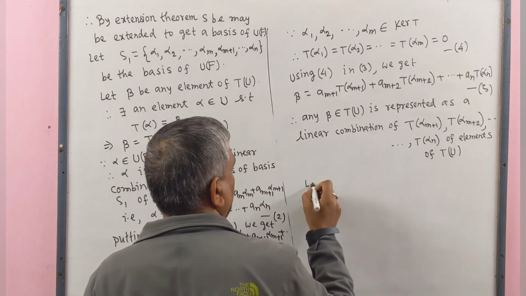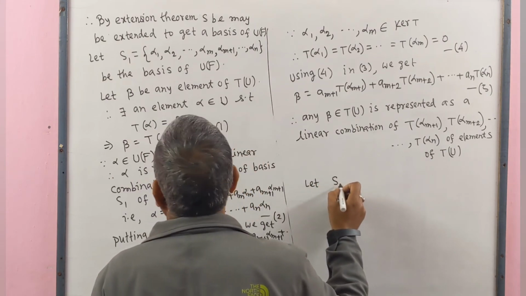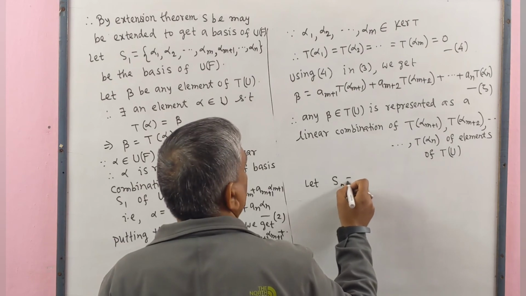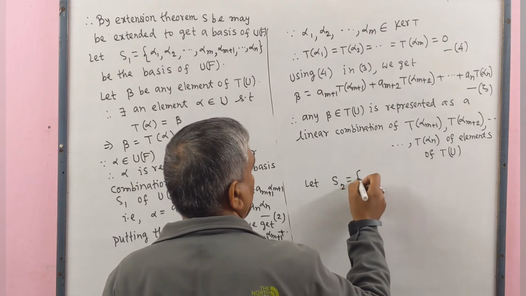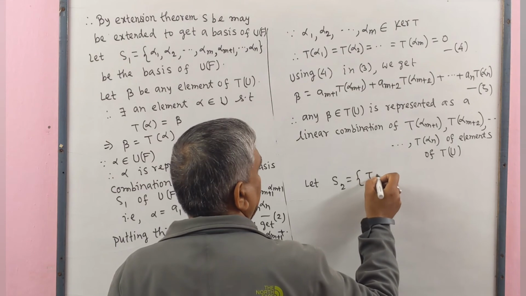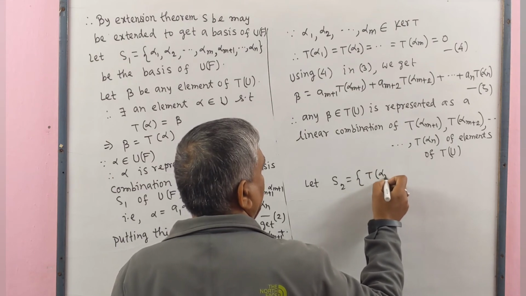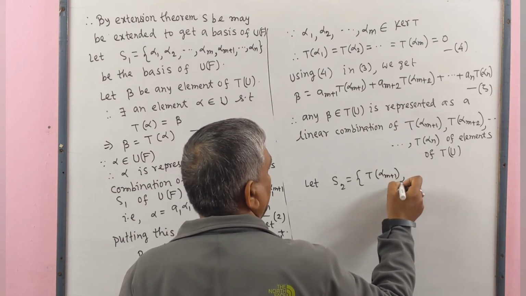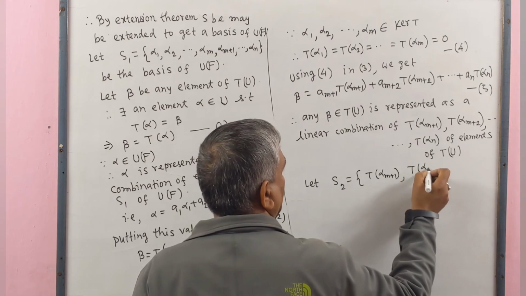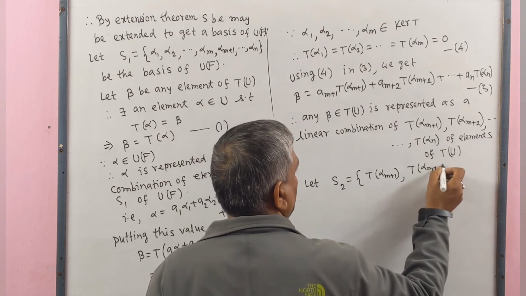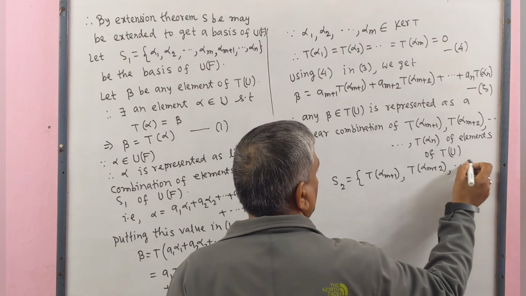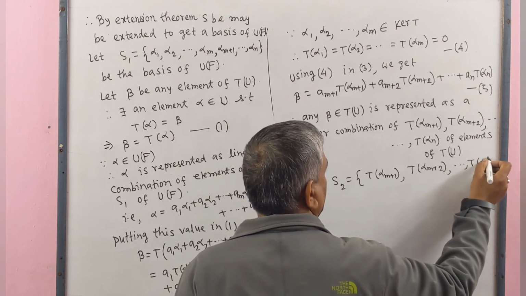Let S2 equal the set T alpha (m+1), T alpha (m+2), ..., T alpha n.